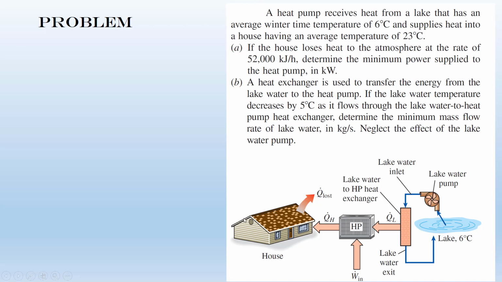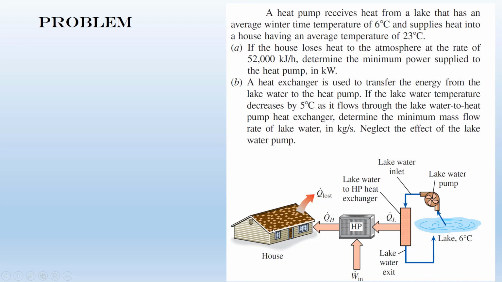Now, if the temperature of this house is constant, if we have steady state conditions for this house, then the Q dot H to this house must be equal to the Q dot loss. Otherwise, the temperature of this house increases or decreases depending on the relationship between these two Q dots. So in this problem, you can assume that the Q dot loss equals the Q dot H.